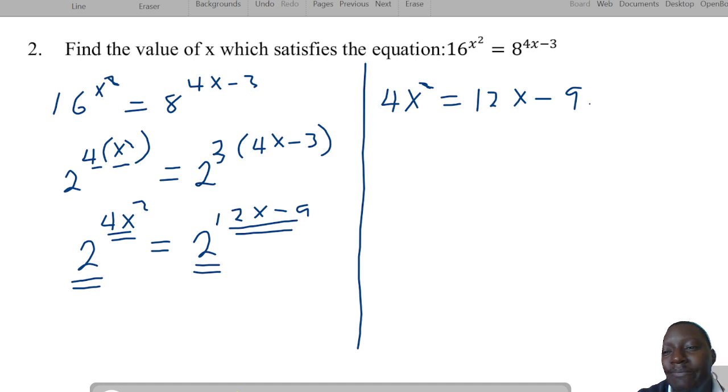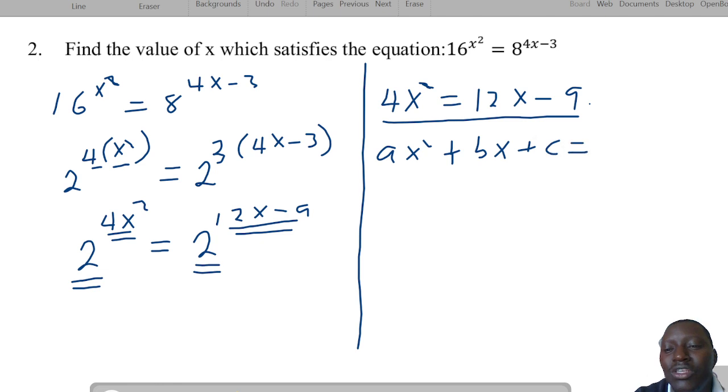And class, it is also clear that if we rearrange this, we'll be able to form a quadratic equation. And remember that for a quadratic equation, we have ax squared plus bx plus c equals 0.